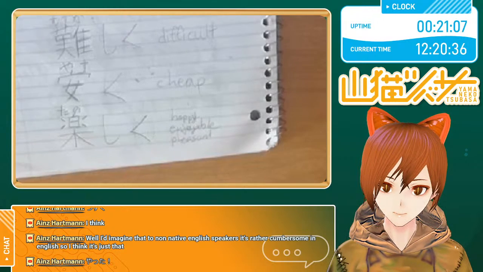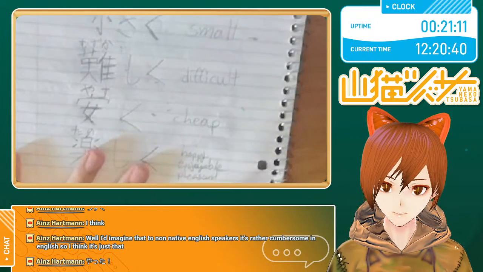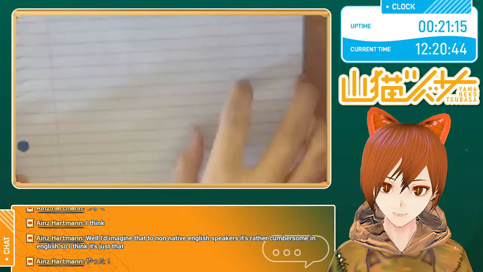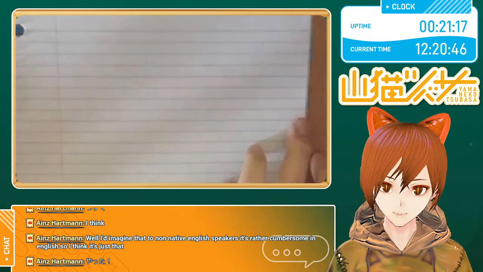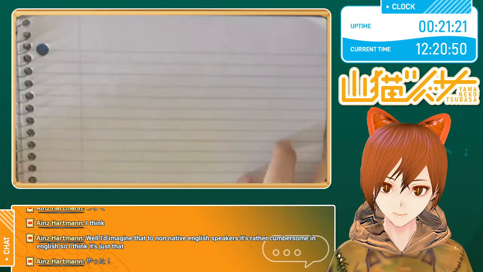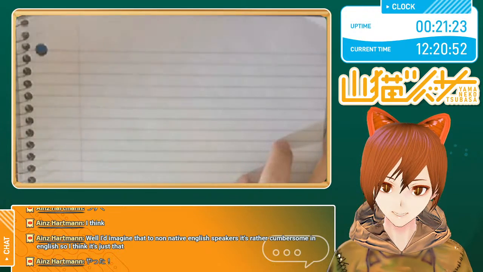So, due to the properties contained in an adjective, you can end your sentences with the adjectives themselves without having to end with desu or any other ending.